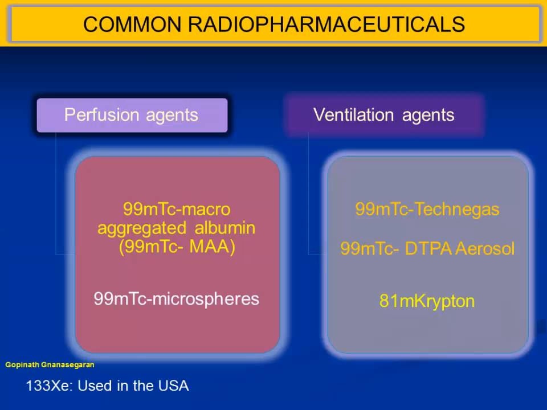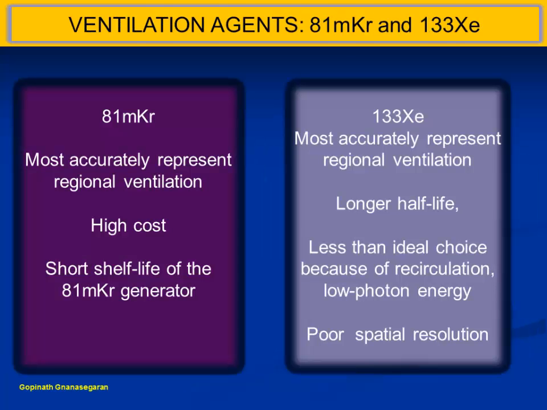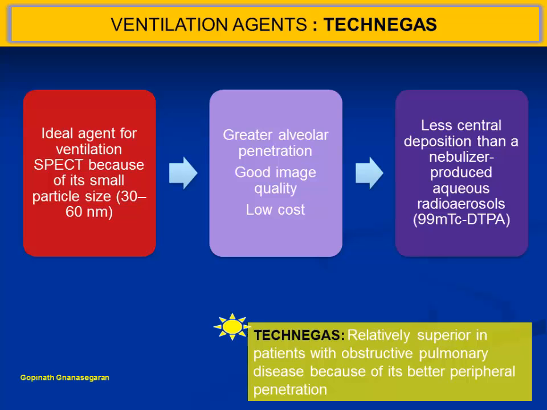Coming to radionuclide imaging, I think the majority of us know we use perfusion tracers and ventilation agents, and we use krypton in our department. It's high cost, but we do about 3 to 4 scans per day, and therefore it's quite cost effective. Whereas Technegas is quite commonly used in Australia and other centers, but we had some local problems with Technegas because of too much heating and other things.